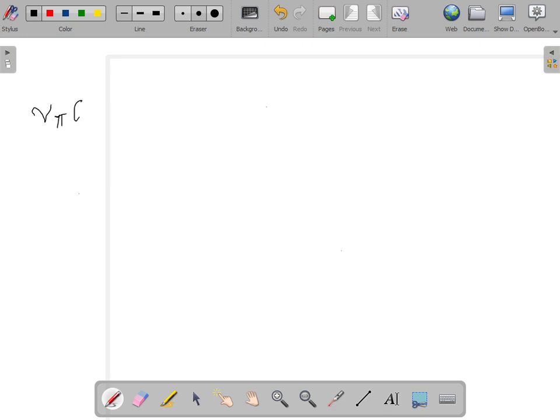So v pi of s, as it is, I'm taking the same thing which I have taken earlier. Only little bit changes are there, so we need to know what those changes are.